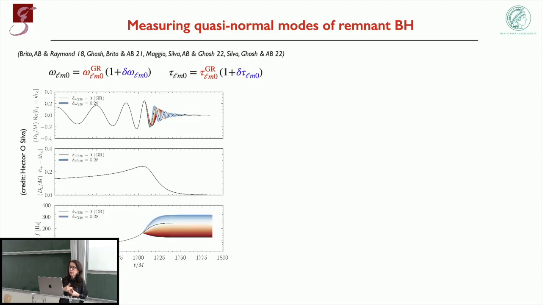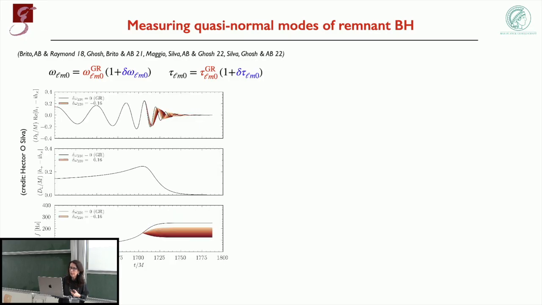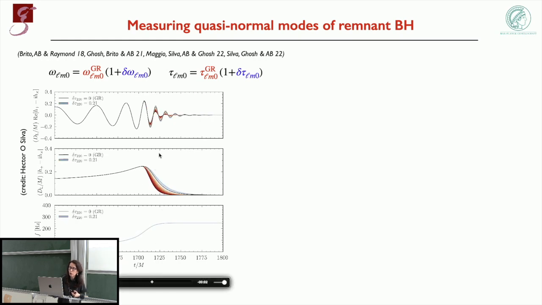If you change the frequency, you can see how much the waveform changes and the frequency is changing. If you change the decay time, then you can see how the amplitude is changing while the frequency remains the same.